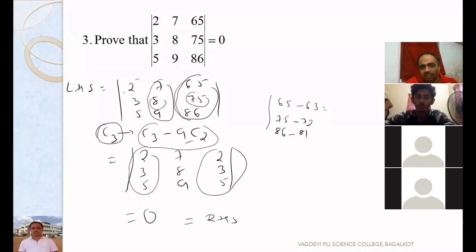The first column numbers are very small and the third column numbers are very large. So I have to use some big number like 9 or 8, then only I can make them smaller. So 65 minus 9 into 7, 65 minus 63, then it becomes very small. So you have to observe carefully and make two columns identical.